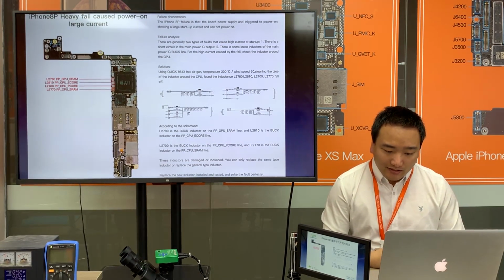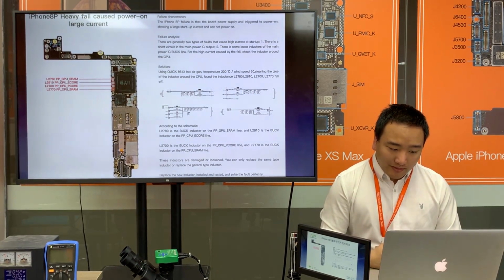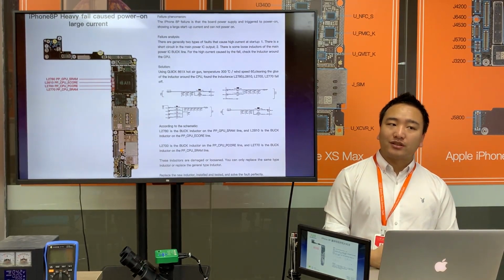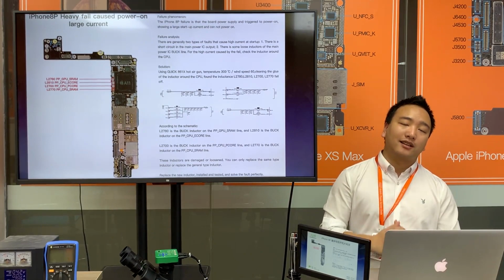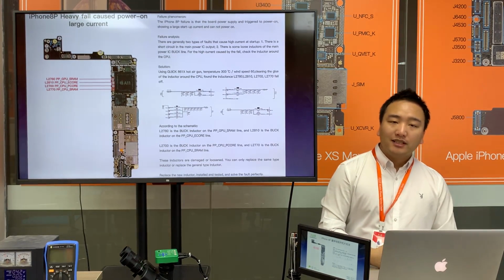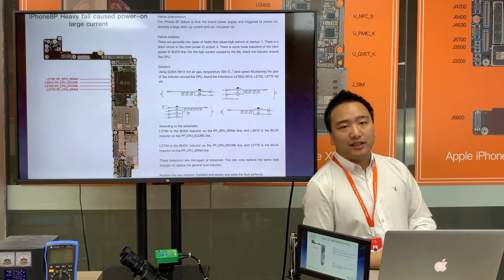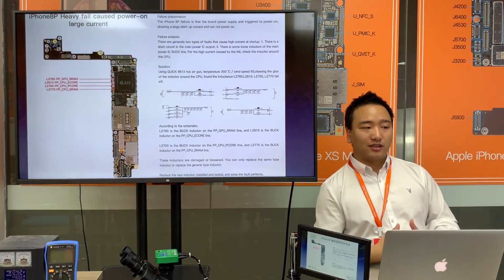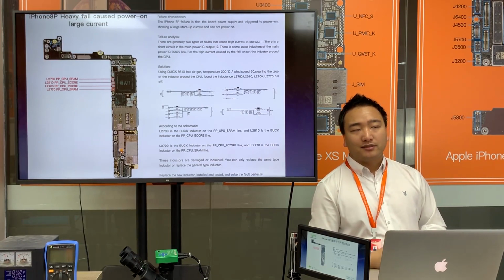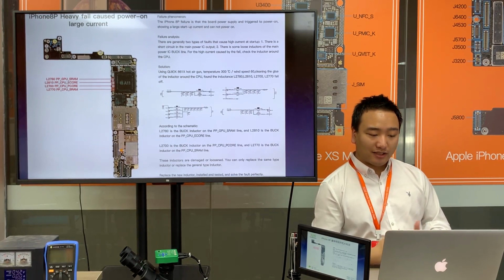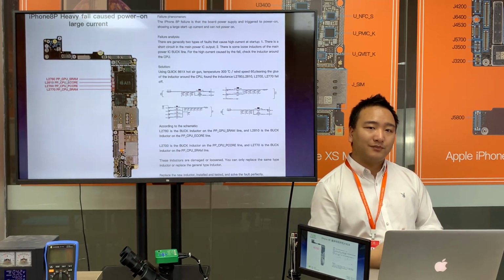You just need to know that one is the LDO and one is the buck voltage. What is the difference between the buck circuit and the LDO circuit? Now we're talking to you guys. The LDO circuit is inside the PMU, and it lowers the voltage.